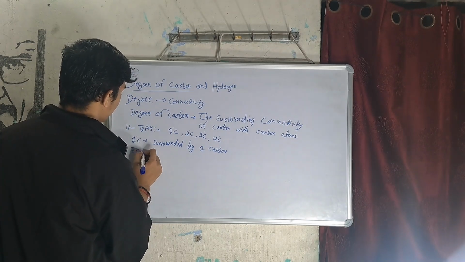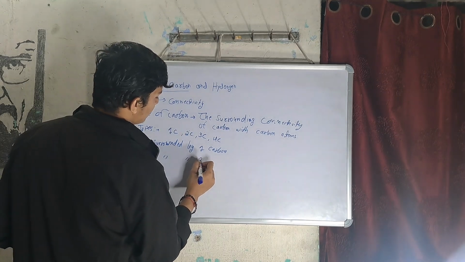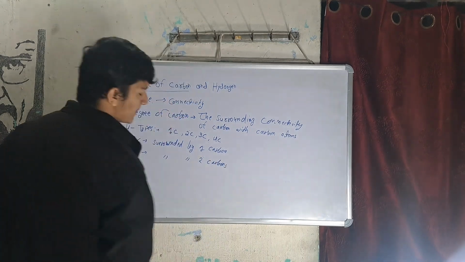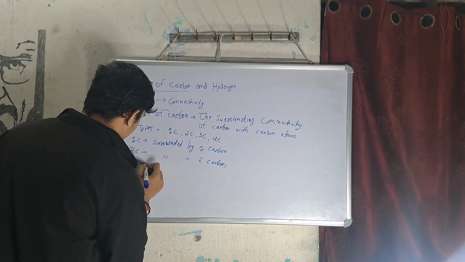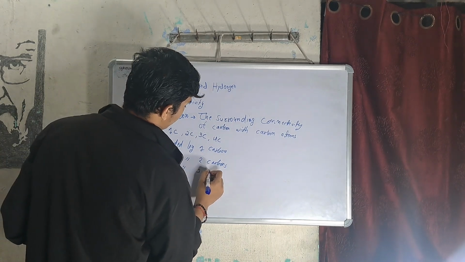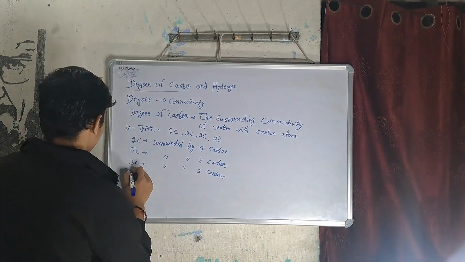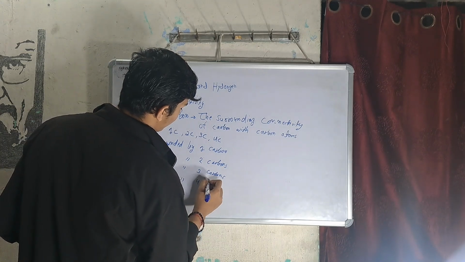Similarly, 2 degree carbons means what? Surrounded by 2 carbons. And similarly 3 degree carbons means surrounded by 3 carbons. Similarly 4 degree carbons means surrounded by 4 carbons.